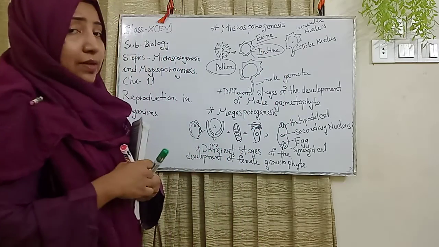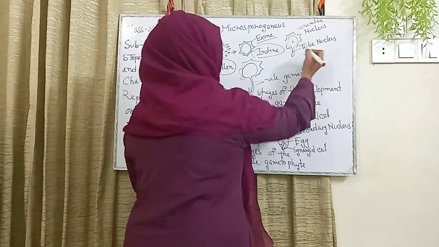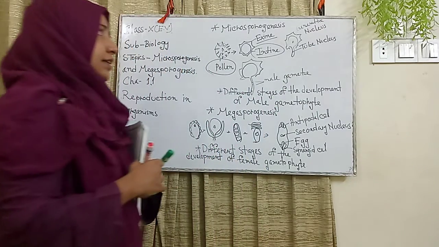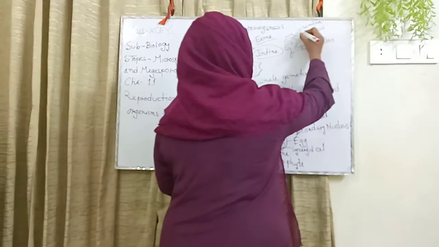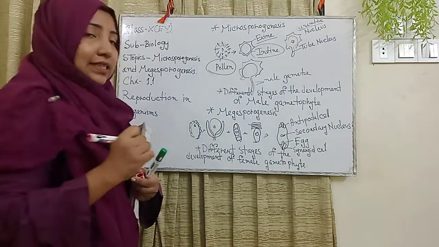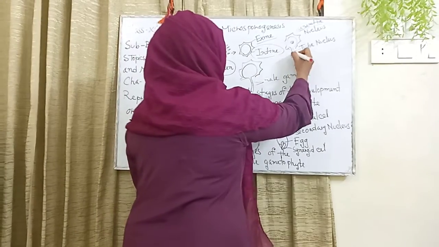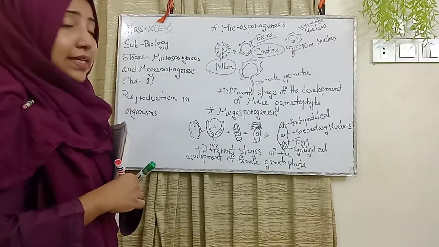Here it is the pollen. Another structure here is the tube nucleus and the generative nucleus. Here I draw the generative nucleus, and the other structure is the tube nucleus. The last structure is the formation of the male gamete.